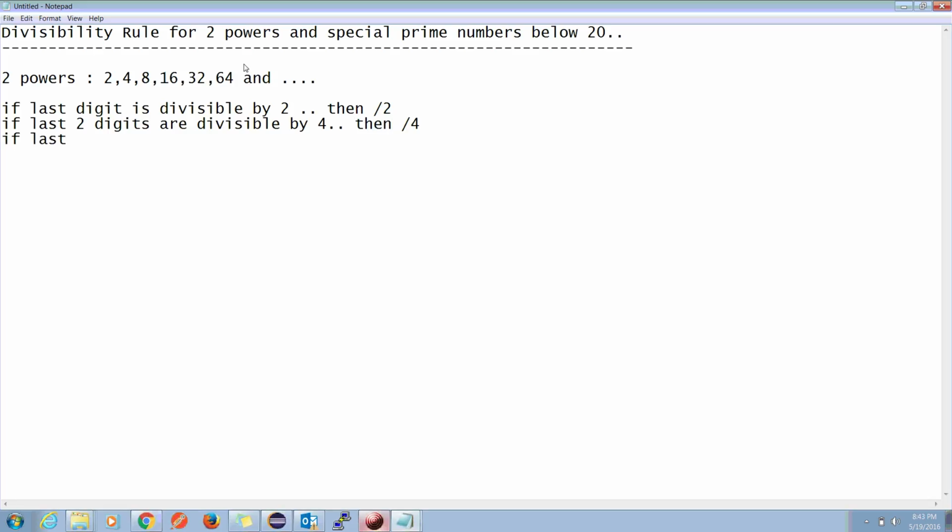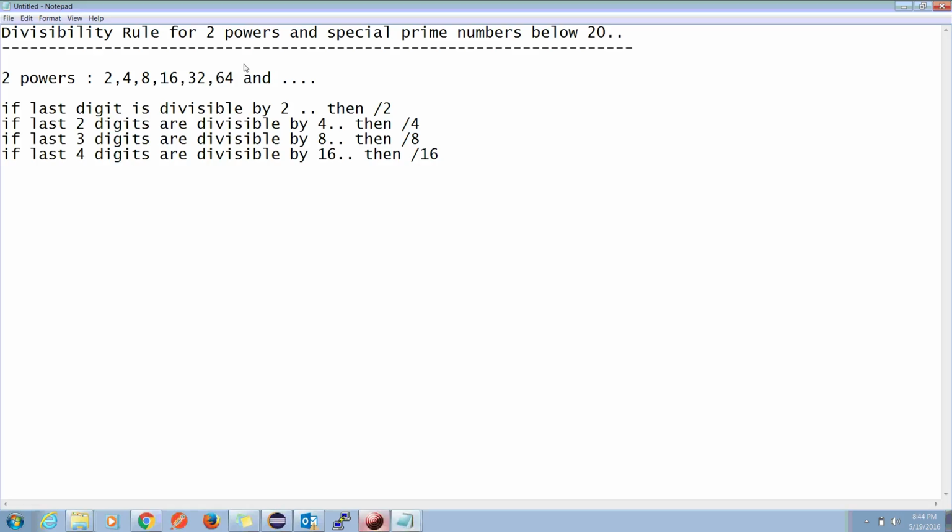If the last 3 digits are divisible by 8, then that number is divisible by 8. If the last 4 digits are divisible by 16, then that number is divisible by 16.